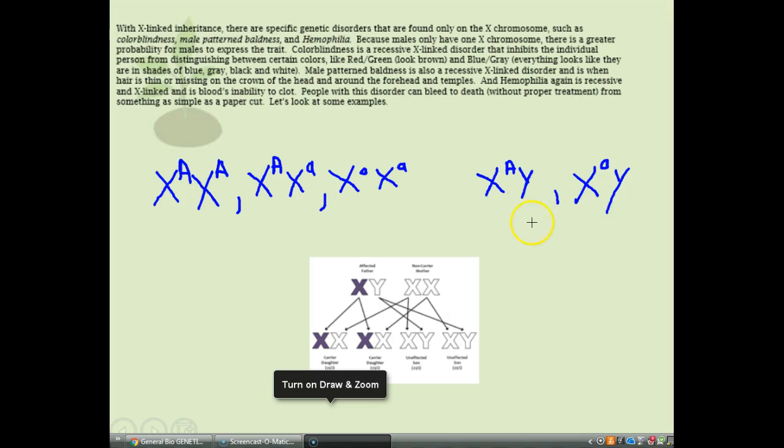So in men, they have a 50% chance of expressing whatever the trait is. And that's why with X-linked inheritance, it seems like the condition or the disorder happens more in males than it does in females.